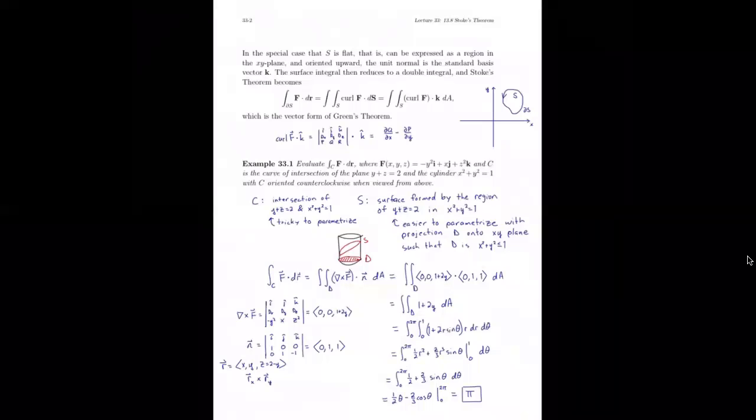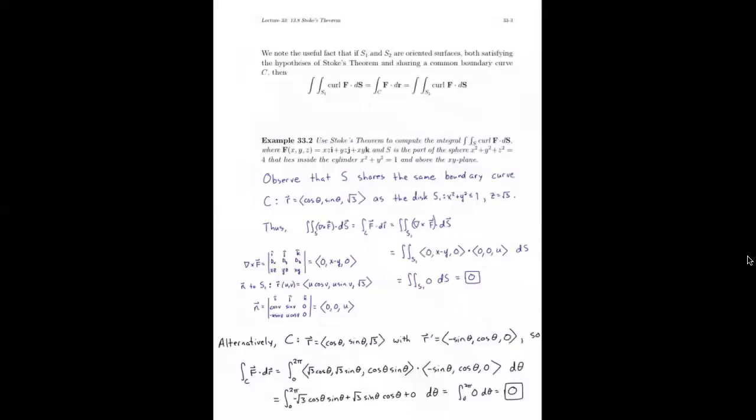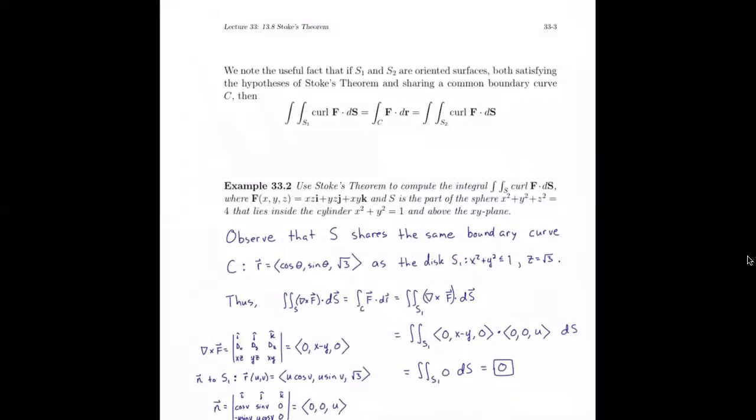In fact, this integral was a pretty easy integral. So one trick we've got, and we will use it below, is the following. If S1 and S2 are oriented surfaces, both satisfying the hypotheses of Stokes' theorem, and they have a common boundary C, then we can be sort of tricky.